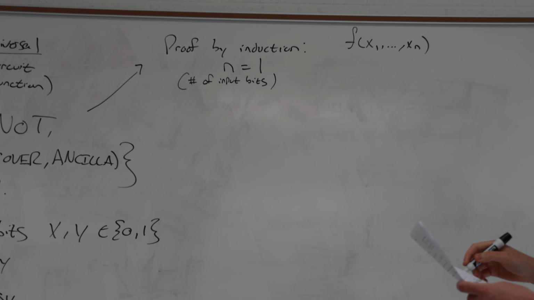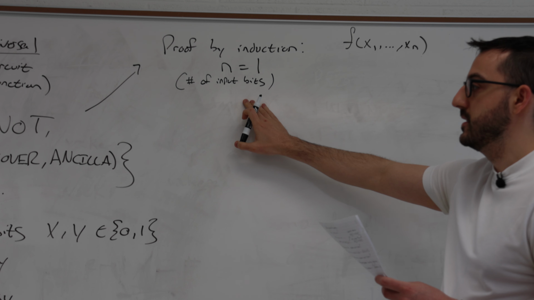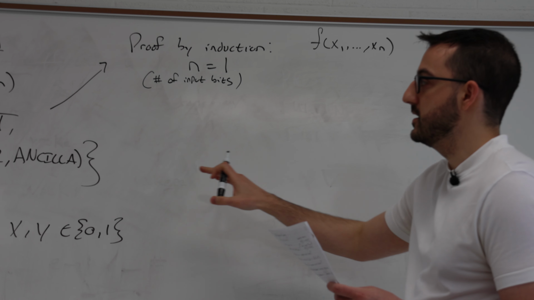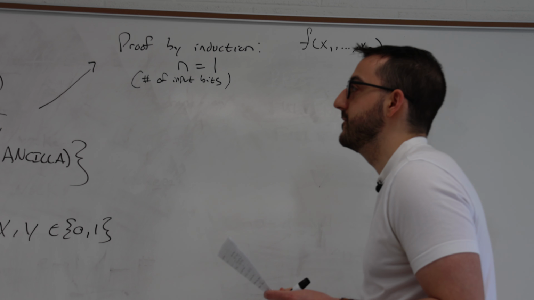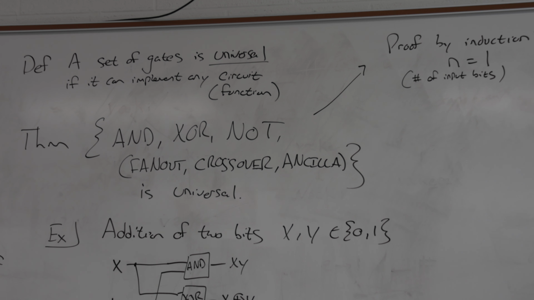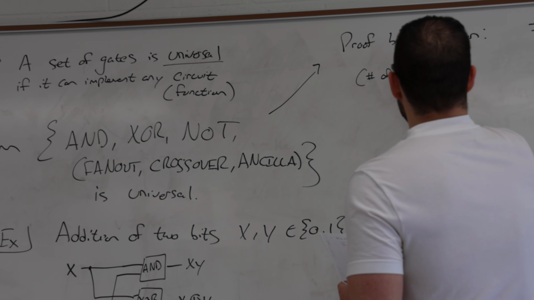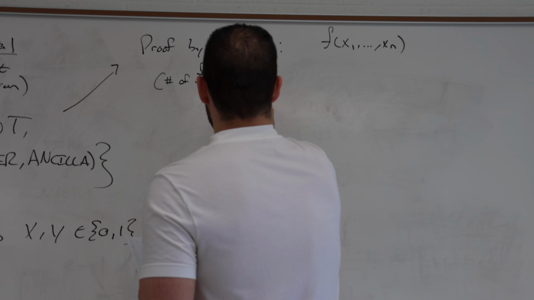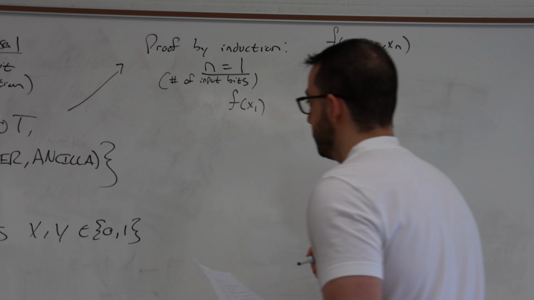So first I have to prove that for a single input bit, and we'll just consider the case of a single output bit, I'm able to use these gates to do any function that I want. Well, in this case, for n equals 1, the base case, this means I have a function of a single bit, f of x1.